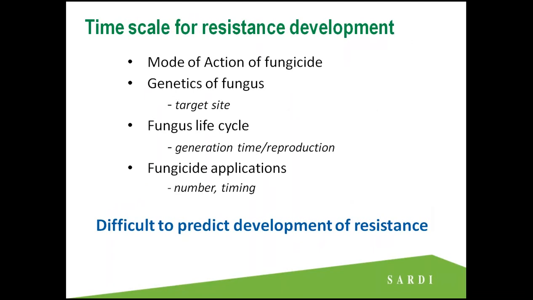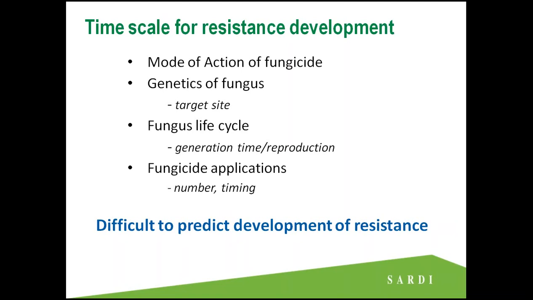Okay, and so the timescale for resistance development depends on many things. Firstly, the mode of action of the fungicide, as I've just said about single site actives, exactly where the mutation occurs in the actual fungus. So the genetics of the fungus, the target site, and the fungus life cycle are really important.